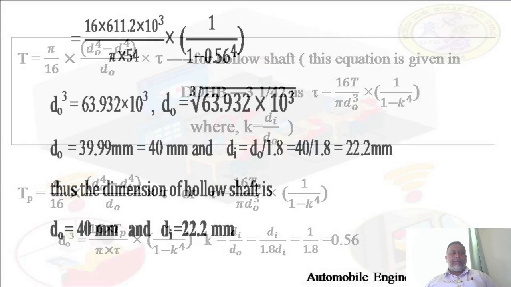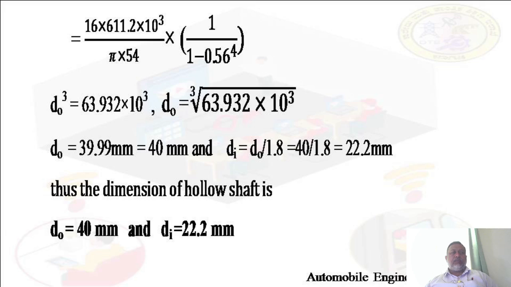Substituting, 16 into 611.2 into 10 raised to 3 by pi into 54 into 1 by 1 minus 0.56 to the power 4, I have d naught cube equal to 63.93 into 10 raised to 3, and d naught is equal to 39.99 mm, which is approximately 40 mm.